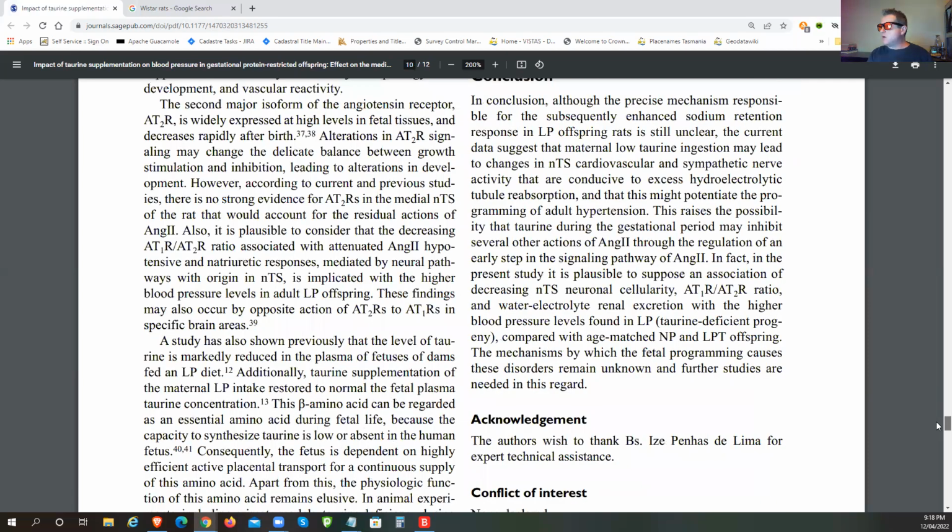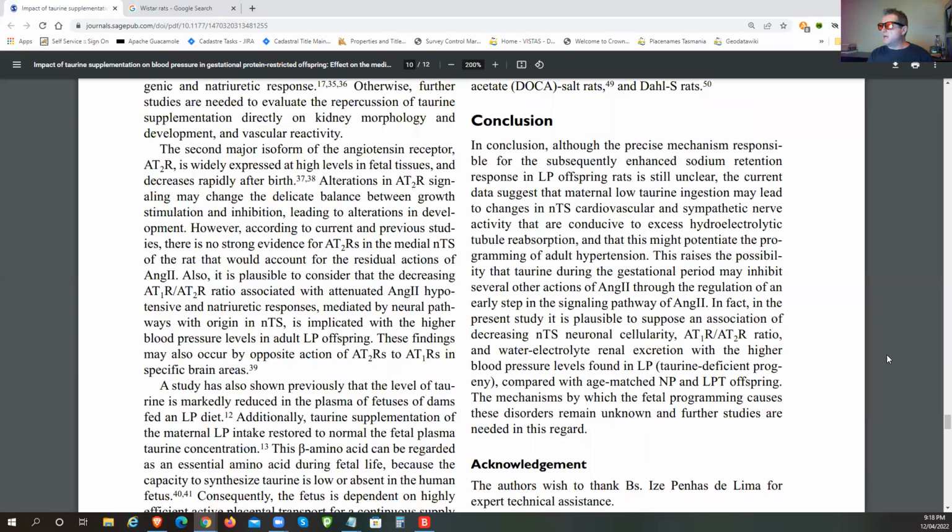So then they go into their conclusions, blah, blah, blah. In conclusion, the precise mechanism responsible for the subsequent enhanced sodium retention response in LP offspring rats is still unclear. It's protein deficient. How can you even say that?